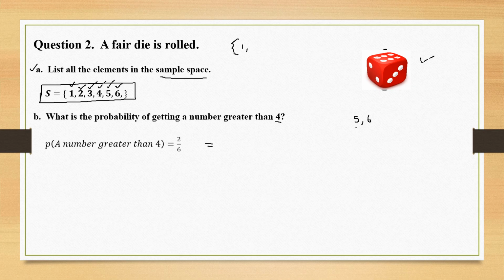We have these two numbers, so 2 divided by 6. 6 is the total outcomes, and for a number greater than 4 we have only two numbers, 5 and 6. After simplification, the answer will become 1 by 3. 2 by 6 means 1 by 3. Here in this step I wrote down the answer.